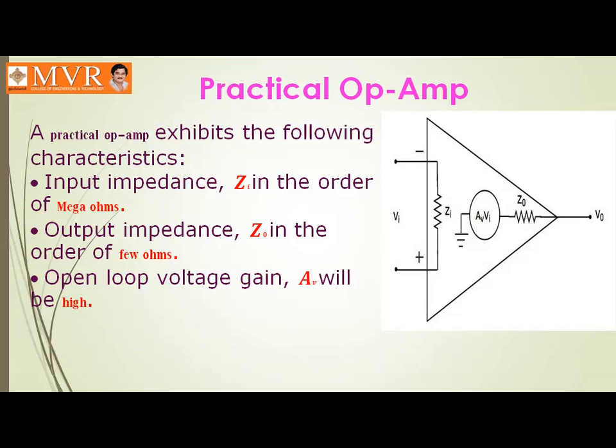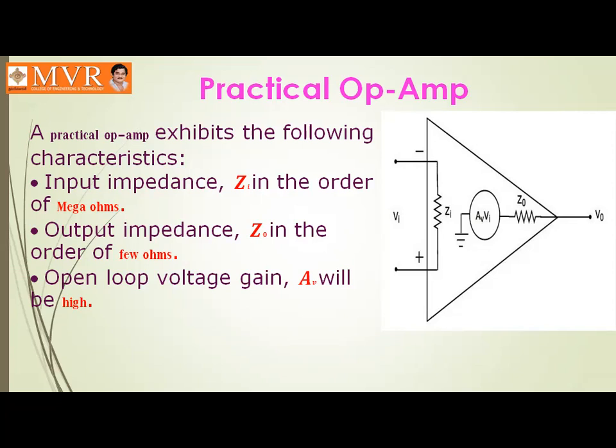And coming to the output impedance, in case of ideal op-amp, the output impedance is zero. But practically it may not be possible. If you are using a wire, a conducting material also has some resistance, a low value of resistance practically.